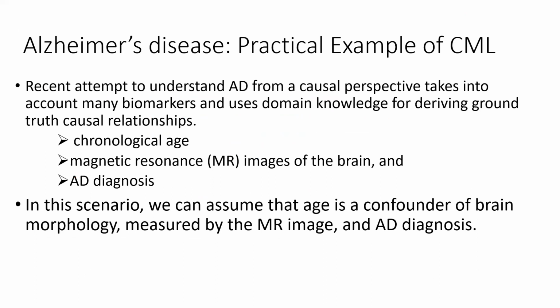So in this paper, they use an example. They use Alzheimer disease to understand from a causal perspective. In this case, they use a simpler view with only 3 variables: chronological age, magnetic resonance images of the brain, and the AD diagnosis.